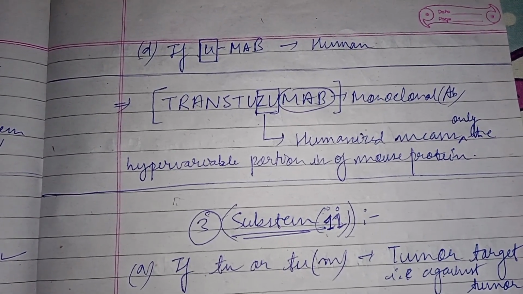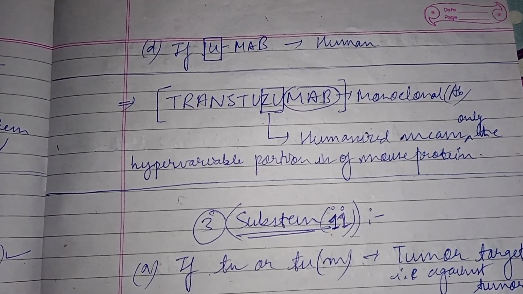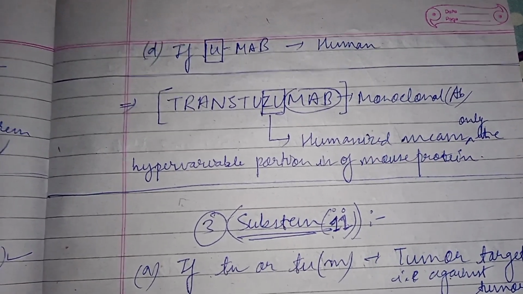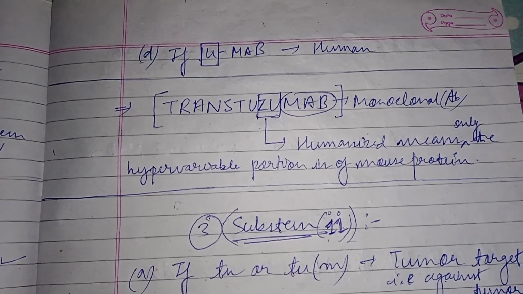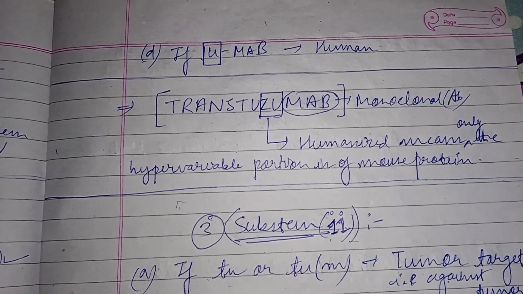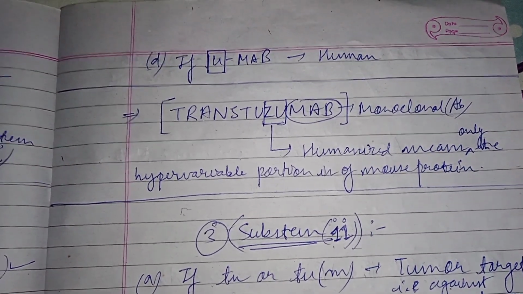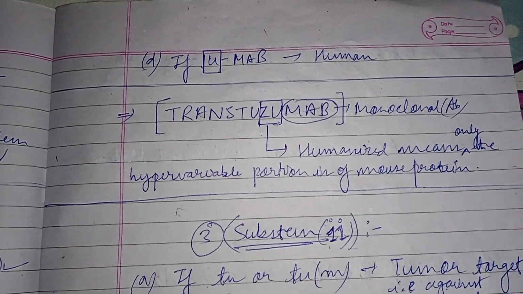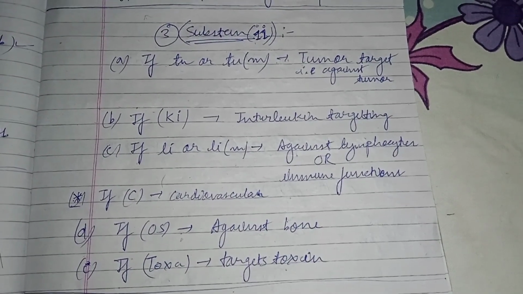We already discussed it in the previous video. Okay, so we are getting closer and at last we'll be able to solve the question. So have patience. Now we'll be looking at the substem 2 portion.